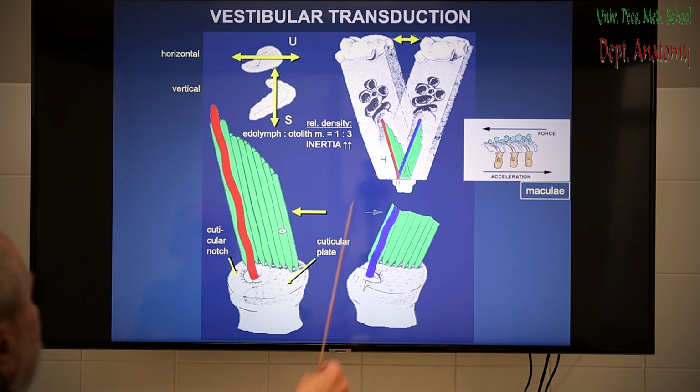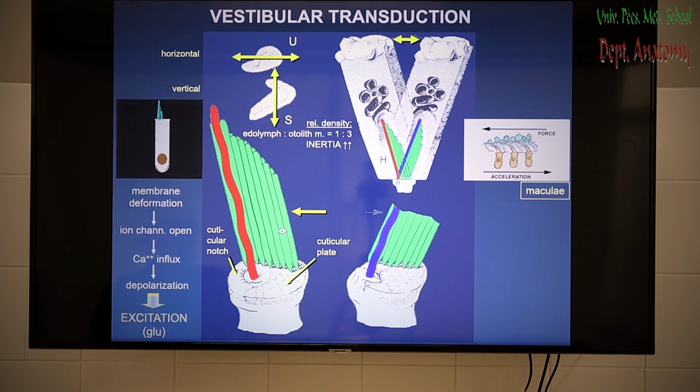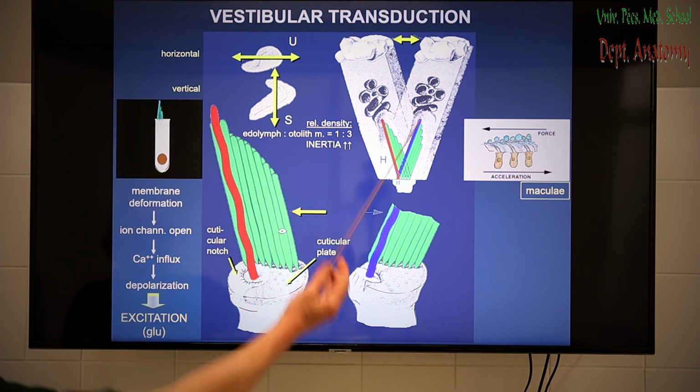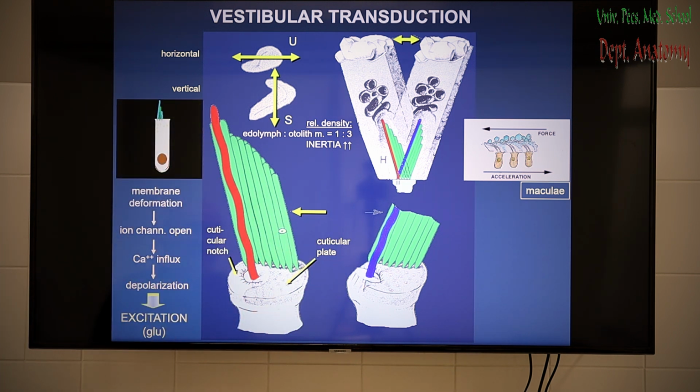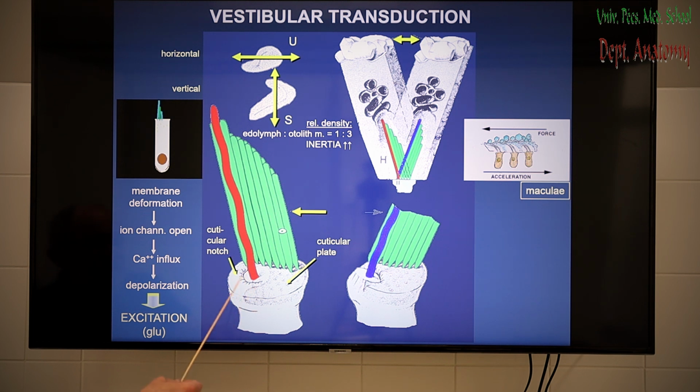So there are 2 different directions of bending of the cilia. One is towards the kinocilium. If everything moves that way, the result is membrane deformation at the cuticular notch. The notch is produced, and this is good for initiation of opening of ionic channels. So calcium moves into the cell, and that results in depolarization of the membrane.